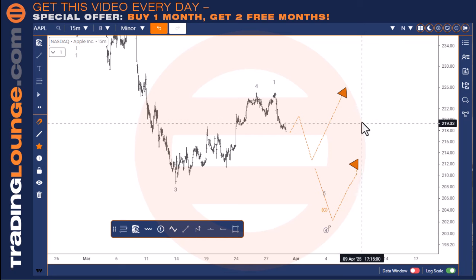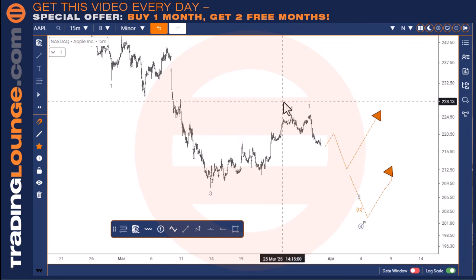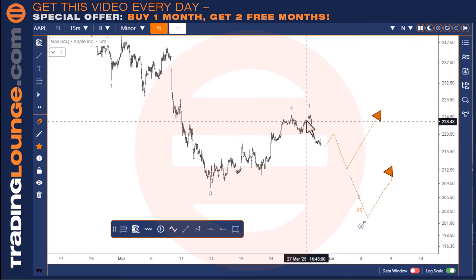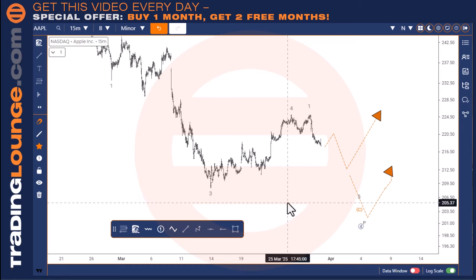We'll just see how that plays out. Having a wave 1 here is a bit of a long shot, but I didn't want to throw it in the bin just yet, because this is what we were looking at before. So we'll just see how that plays out.